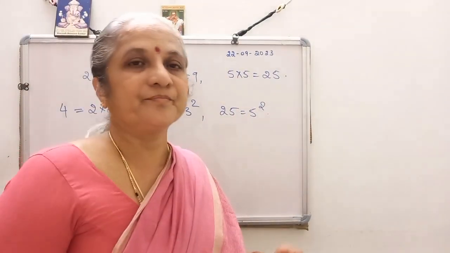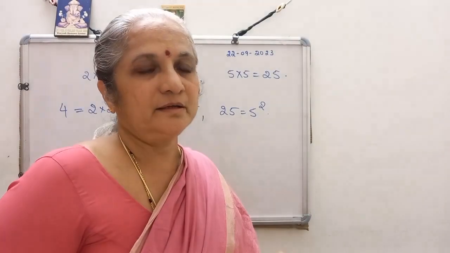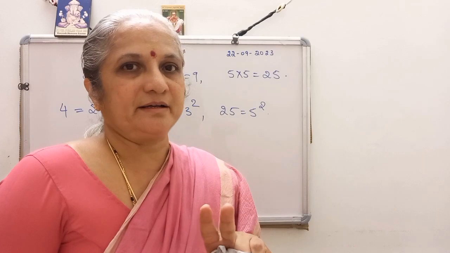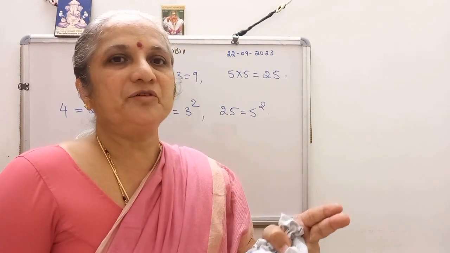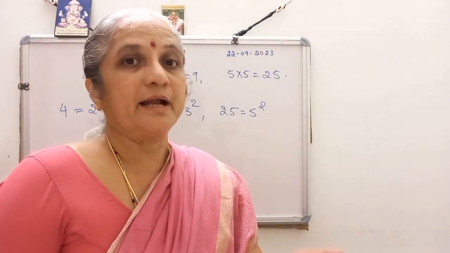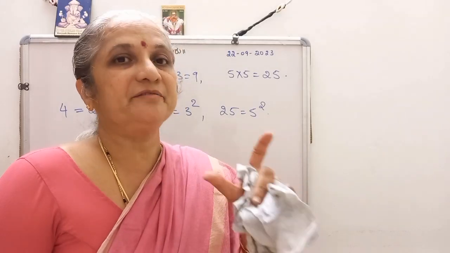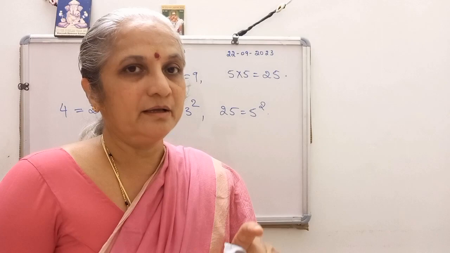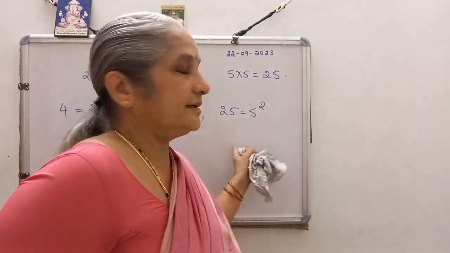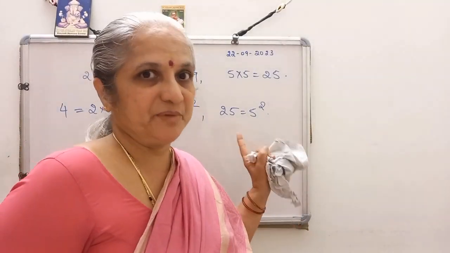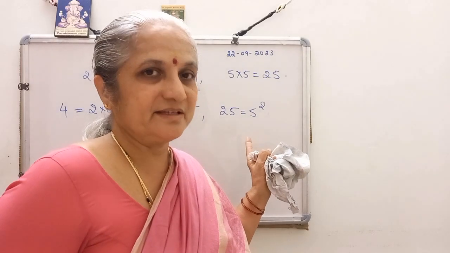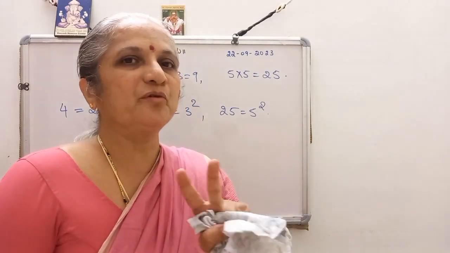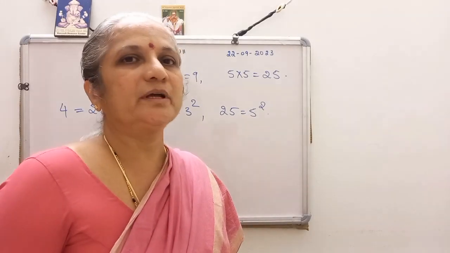Now children, you enjoy finding two same factors which give you a product equal to the number. Is it confusing? Find the same two factors of a given number.